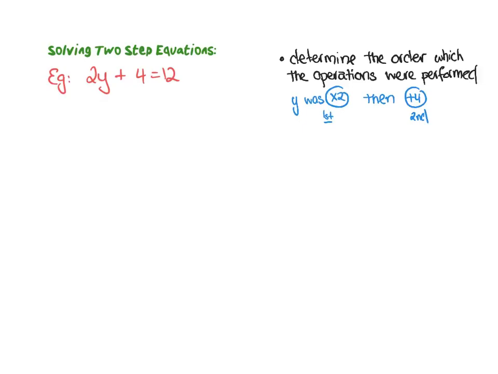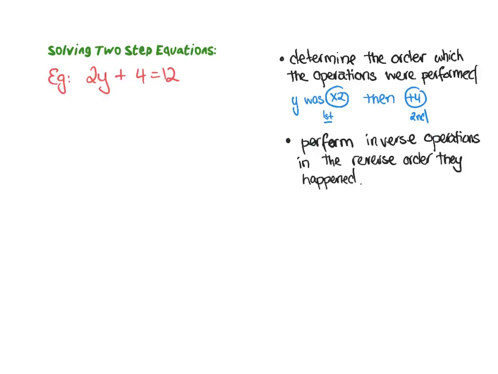When you go to perform your opposite operations, you go in reverse order. The plus 4 was the second thing we did, so that will be the first thing we move. So we minus 4, the opposite operation, first, and then we will divide by 2, which will be the second thing we do.